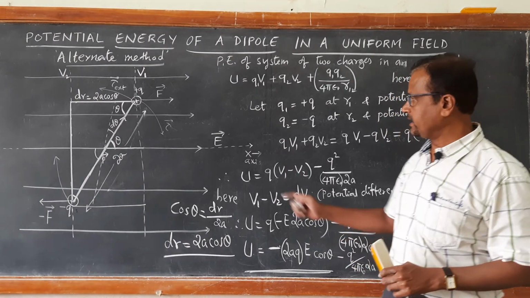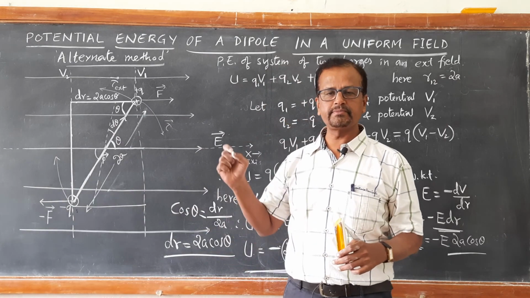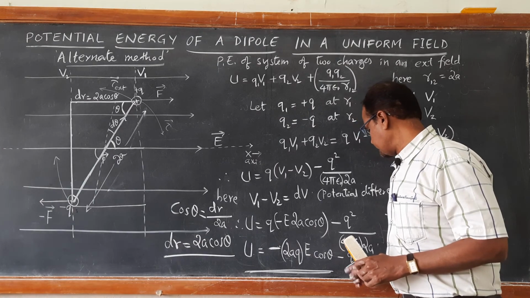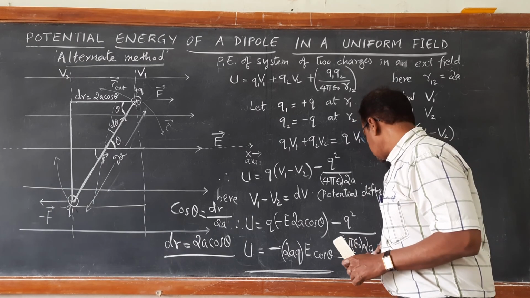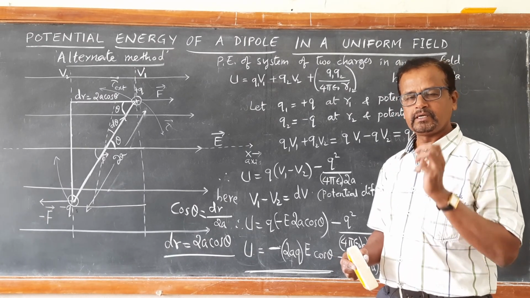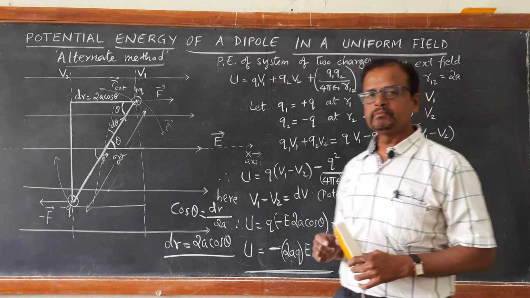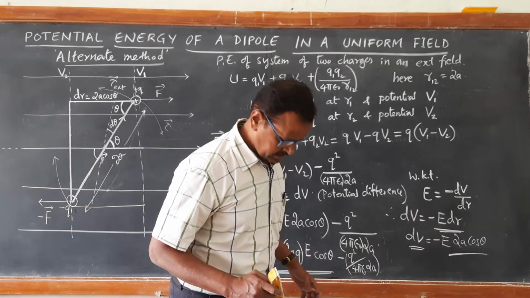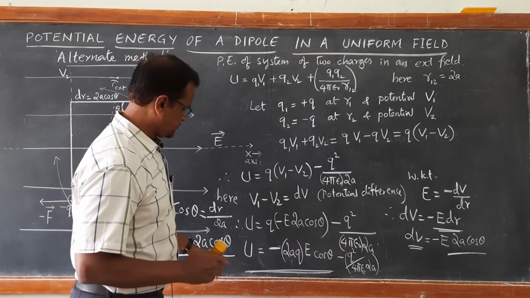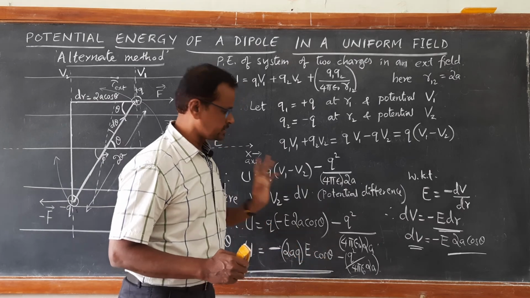This is due to the interaction between the plus q and minus q charges. But this term is very small and most of the time it is neglected. When you neglect this, you are left with potential energy equal to minus P E cos theta.